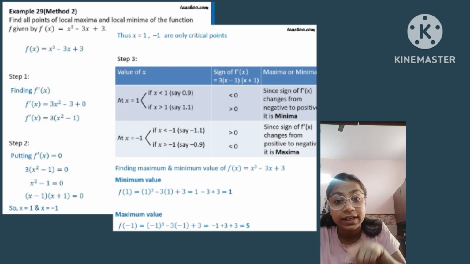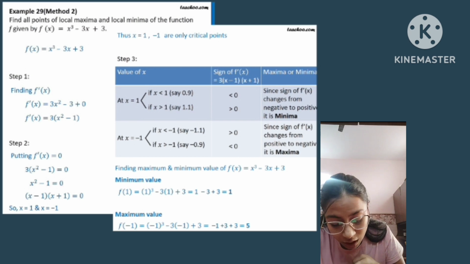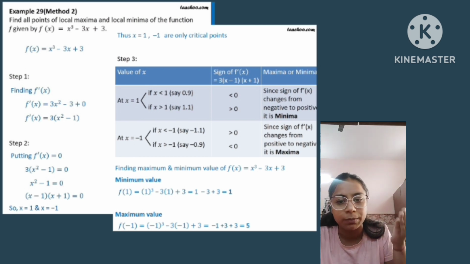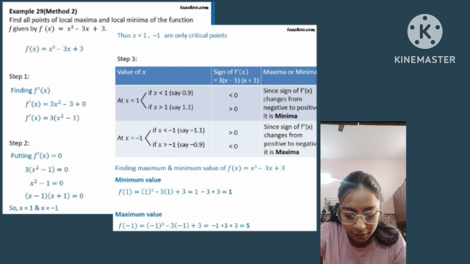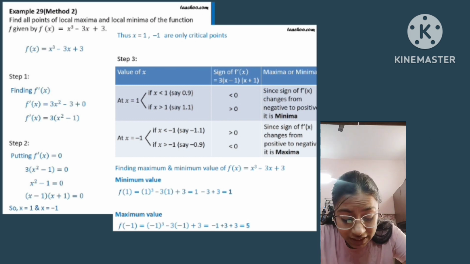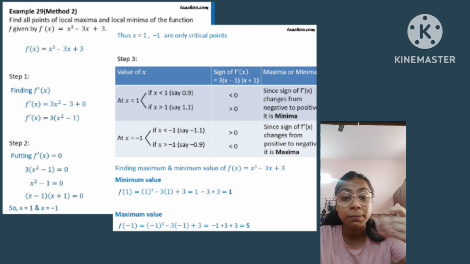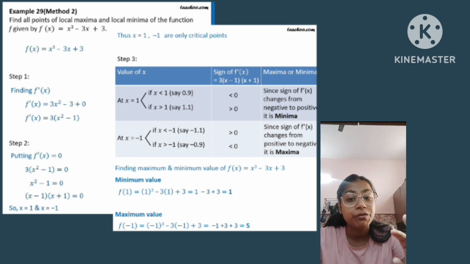But if we consider the second critical point and take a value smaller than -1, suppose -1.1, and greater than -1, suppose -0.9, and put it in f'(x), we'll see that the sign changes from positive to negative, which implies that it is a point of maxima.